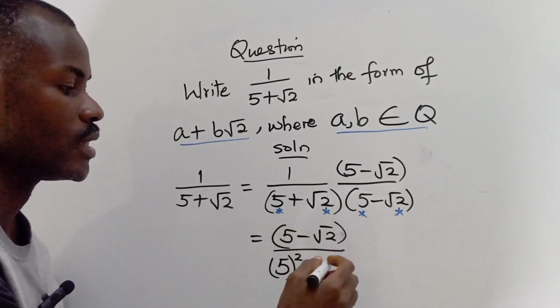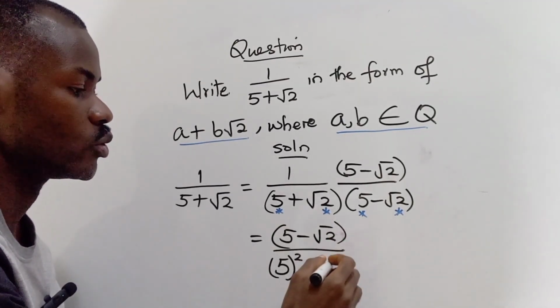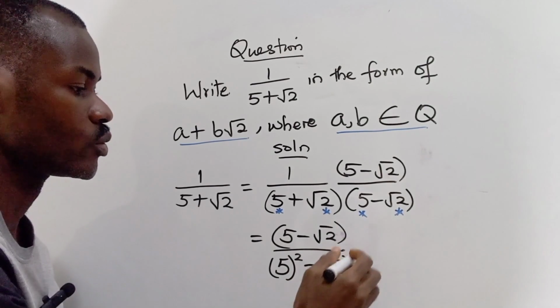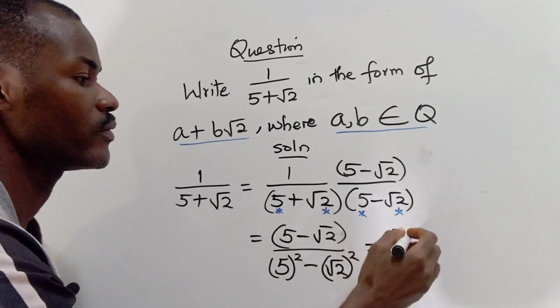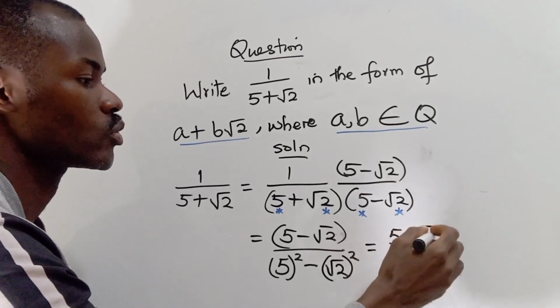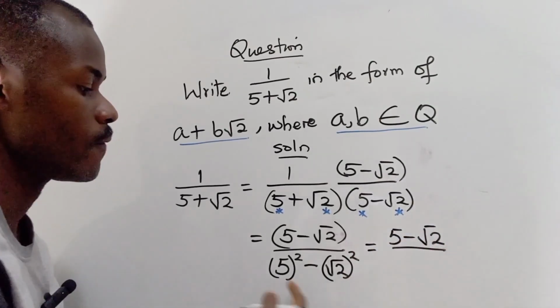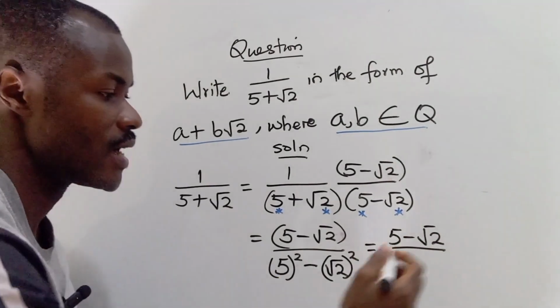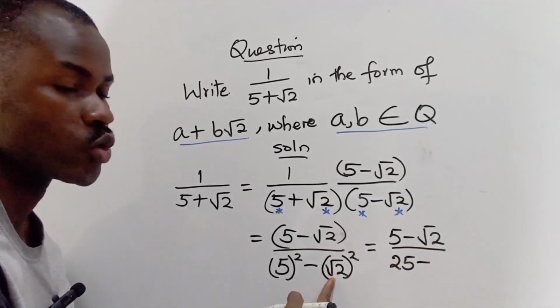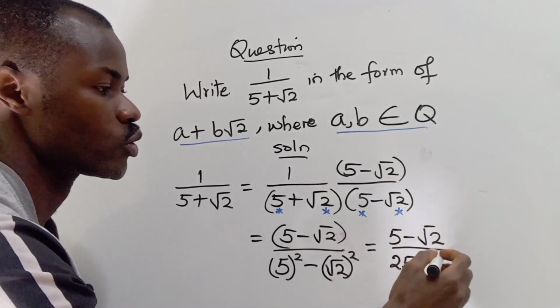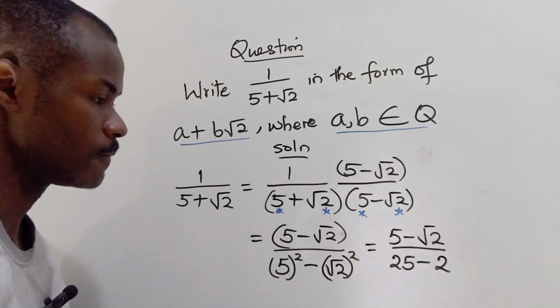All right. So lastly, we have root 2 all in bracket, squared. So this is going to give us 5 minus root 2 divided by 5 squared, which means 5 times 5, which is 25, minus. Now square root of 2 squared is 2.